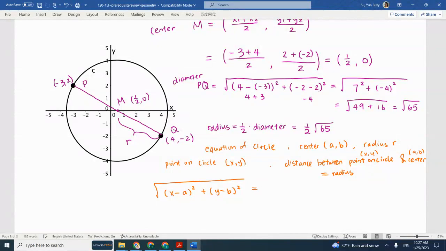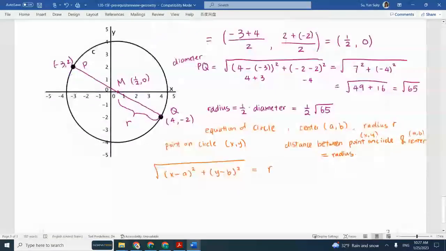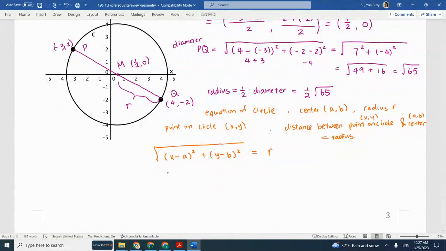The distance is always equal to the radius. And we square both sides. We get x minus a squared plus y minus b squared equals r squared. This is the equation of the circle.